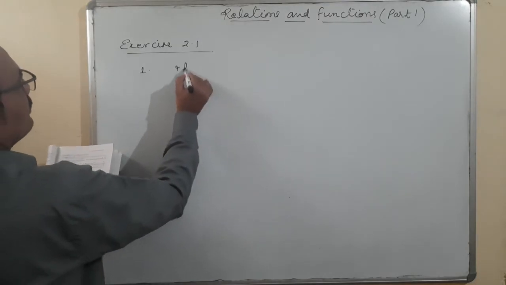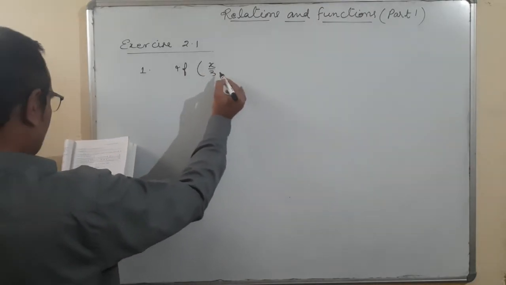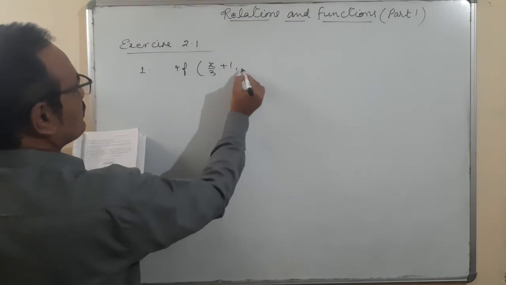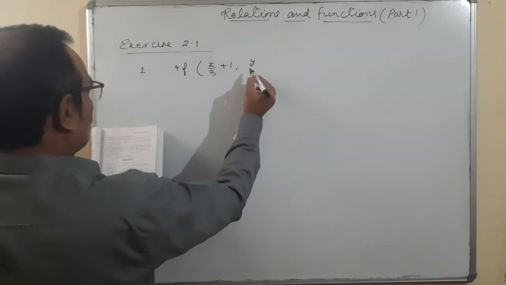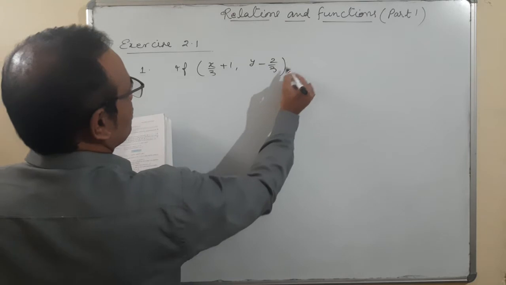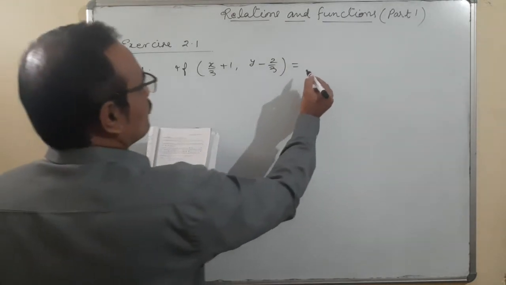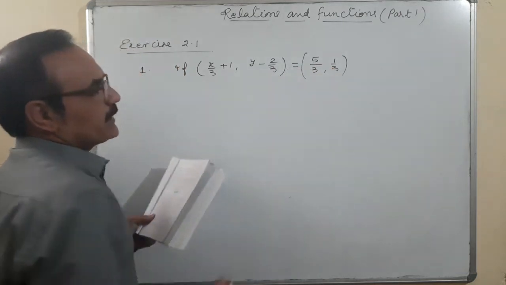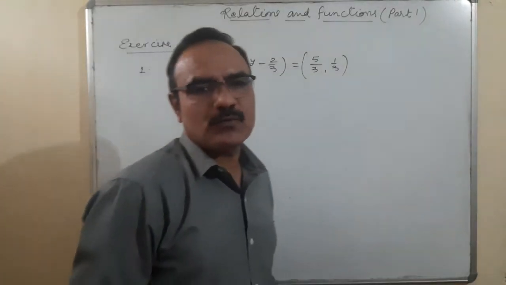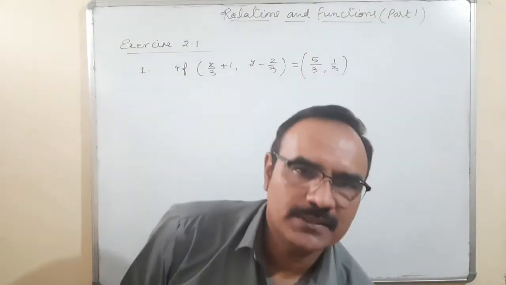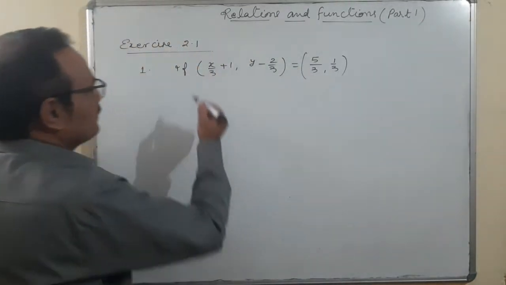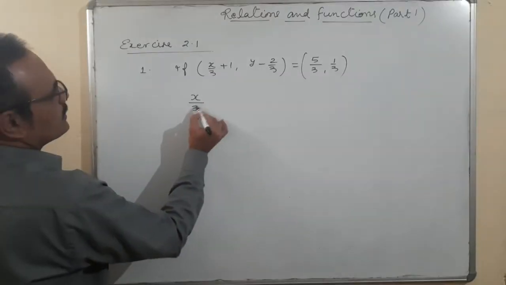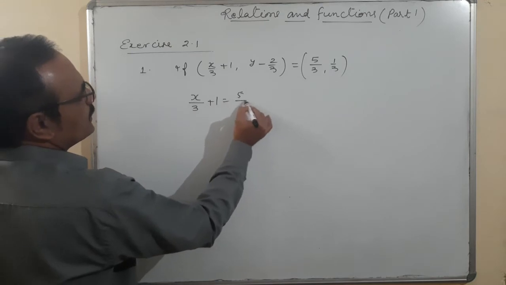If (x/3 + 1, y - 2/3) is equal to (5/3, 1/3). The equal sign is given. What does it mean? Simply we can compare their elements. This is a Cartesian product. We can compare the elements: x/3 + 1 is equal to 5/3.